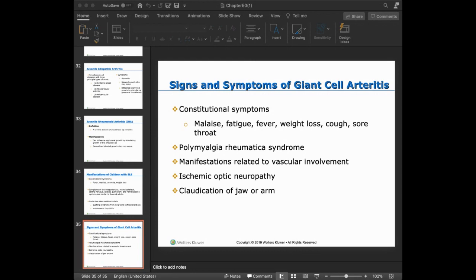So exam 3 will cover male and female reproductive. It will cover musculoskeletal that we did today, and rheumatic disorders, which we covered today. So reproductive, male and female, and then musculoskeletal and rheumatic disorders are going to be on exam 3.